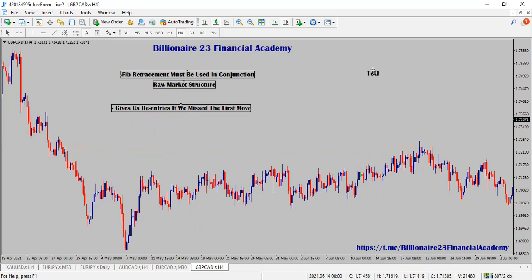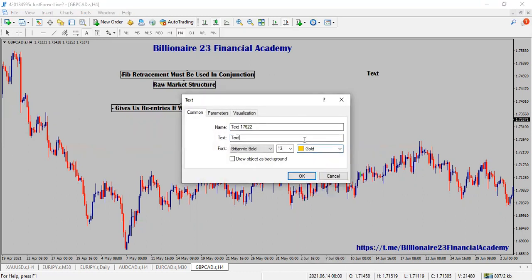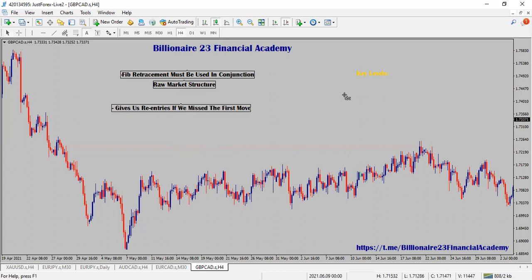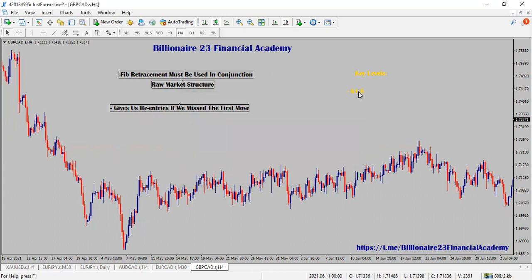And then the key levels, as we said, are 61.8, 50, and 38.2. Let me just change the color here.